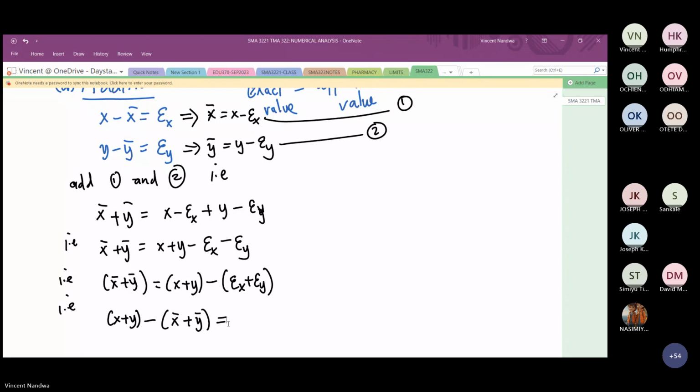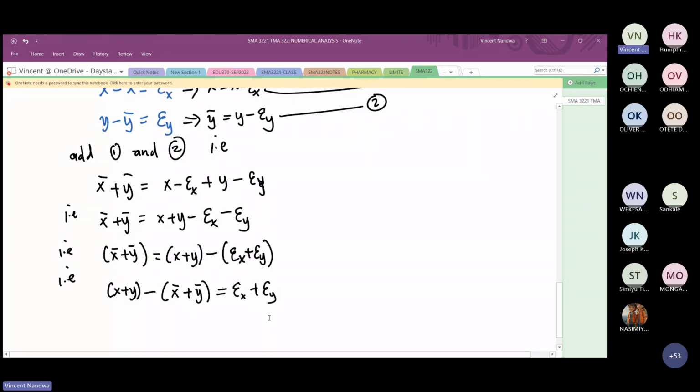Minus epsilon x plus epsilon y. Will it still be minus? No, it will be positive, okay? So this will be error in x plus error in y.